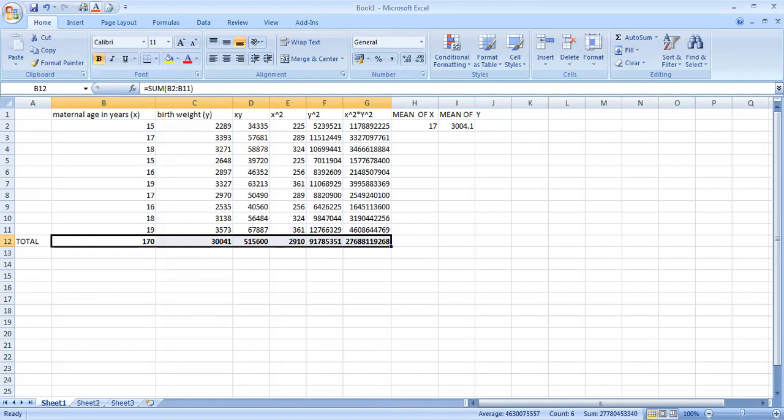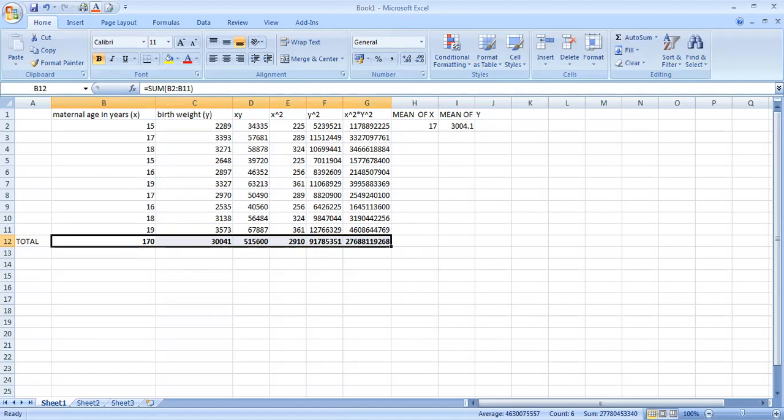And then all you need to do is go back to the questions. So with all these totals, you find the sum of squares of x, the sum of xy, the sum of squares of y. Everything is there, including your mean of x.